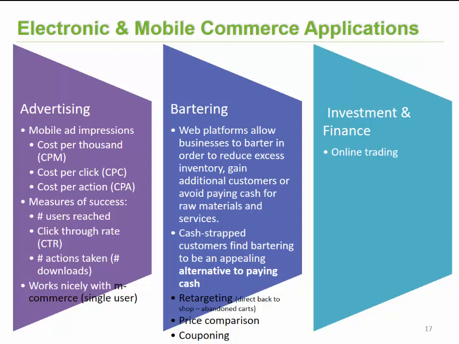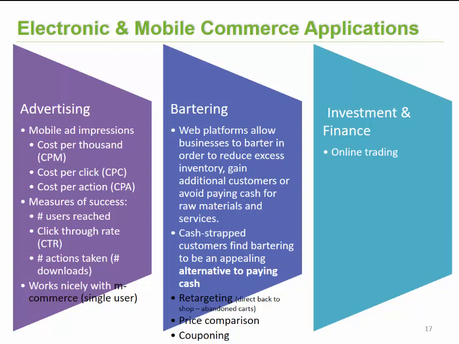So if somebody clicks on an ad, what are they going to do? Are they going to read the ad? Are they going to further interact with that particular ad? And then the last one, we can look at the number of actions taken. For example, the number of downloads, the number of times the ad is viewed, etc.